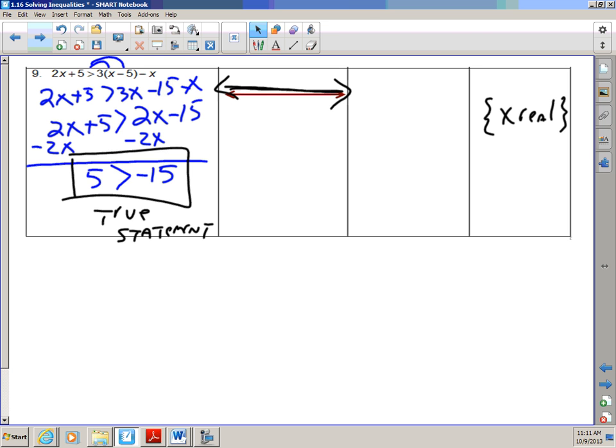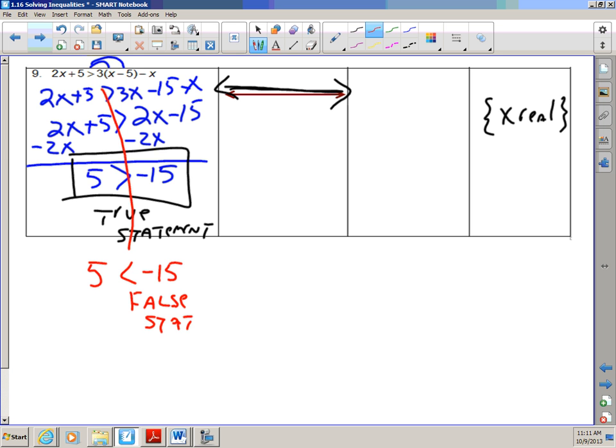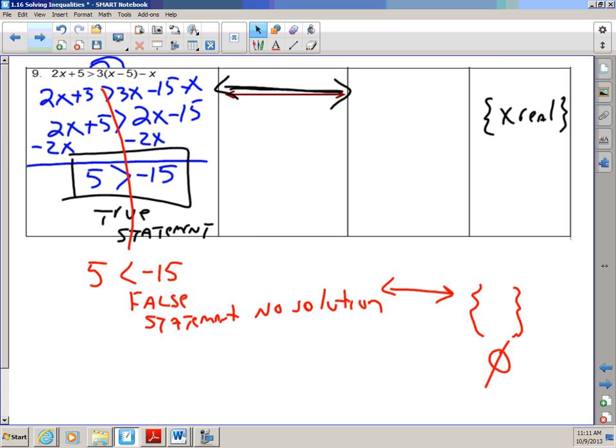If I ended up, let's say, for argument's sake, it was a reversal, so that this was this way, which is a false statement, then there would have been no solution. Okay? And you would have either used the empty set or the zero, and then you would have left your number line blank. So in this situation, since this is a true statement, any real number that you substitute in for x will work, any and all.